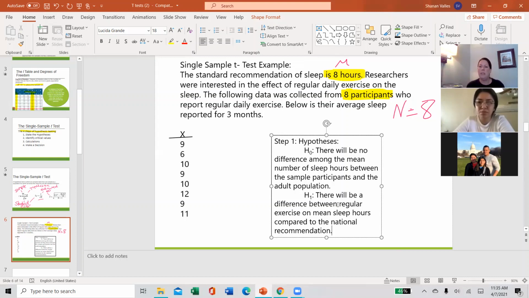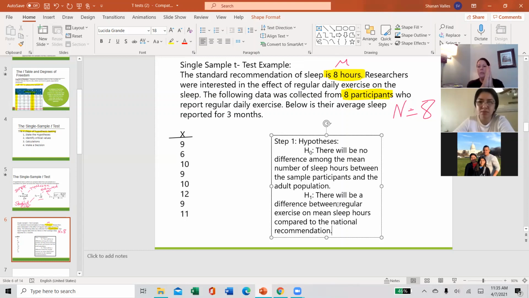If I believe that my sample mean will be less than the national average, then I would expect my t-value to be in the negative end of the distribution. And in that way, you look at only one tail or the other.